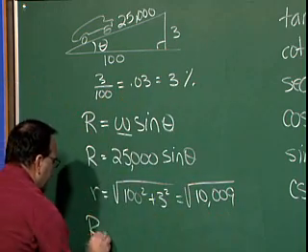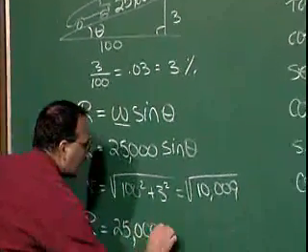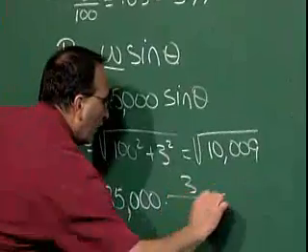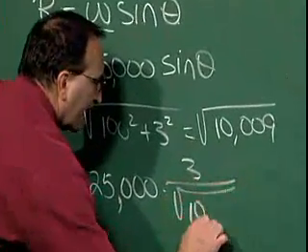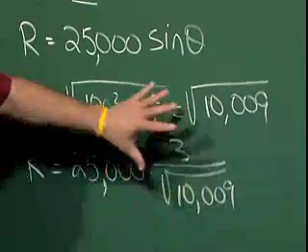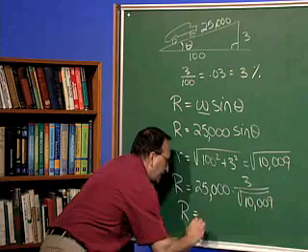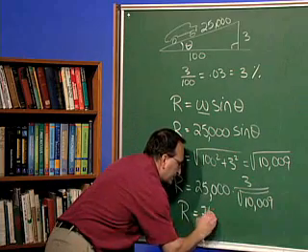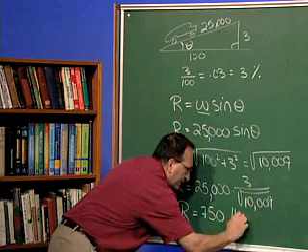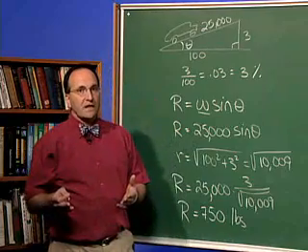So we have resistance equals 25,000 times 3 over the square root of 10,009. When you work all of that out in your calculator, you'll find the resistance is equal to approximately 750 pounds.